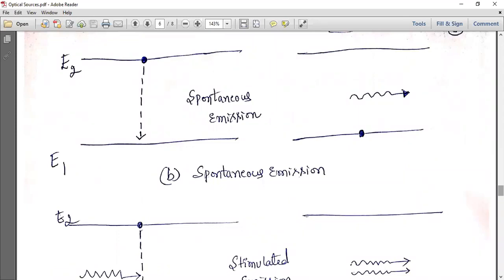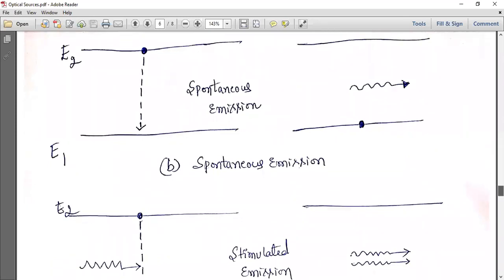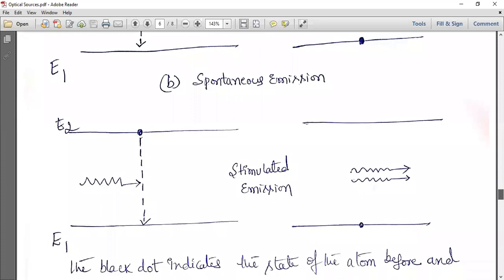It doesn't take external energy. The energy present in it is released in the form of photons, and it jumps from the conduction band to the valence band. That is spontaneous emission.